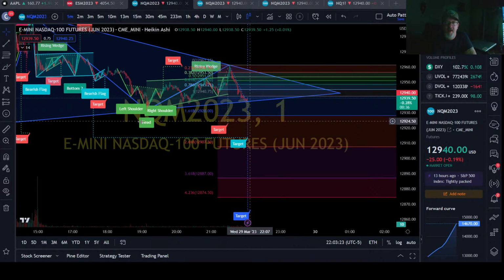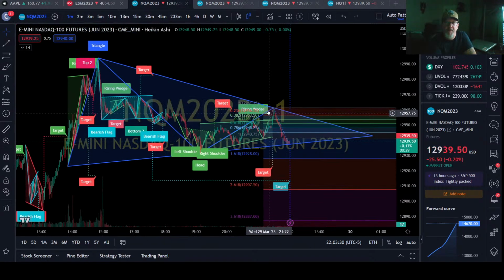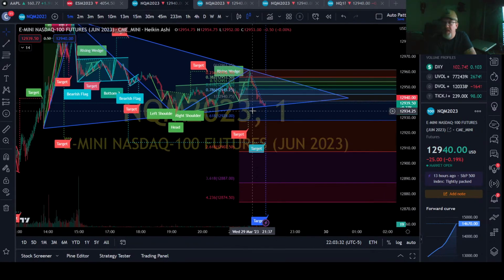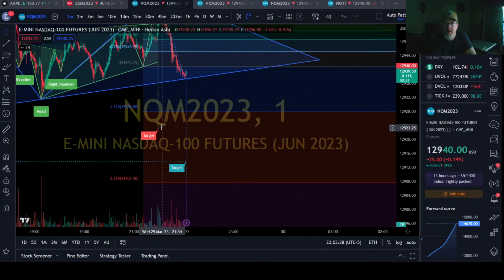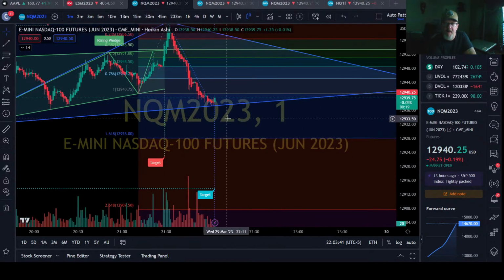So I'm going to give you a scenario. Let's just take a look at this right here. It's in a triangle right now. Let's say that it broke down. Let's say that I was thinking about going short, and I look and I'm like, oh, it's in a triangle right now, and it broke the bottom right here. You know what?